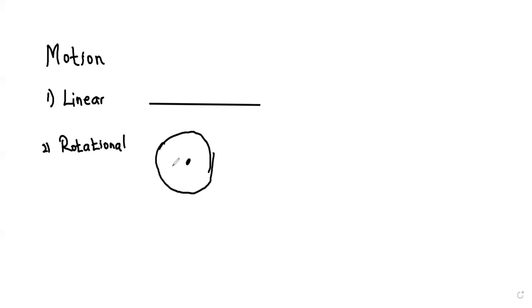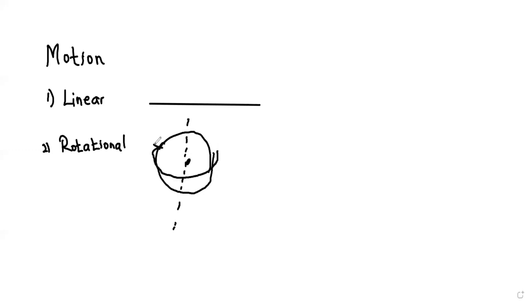Just like Earth. We know that Earth is rotating about its own axis. Consider a sphere. It's going to turn around its own axis. Let's say this is an axis, so the Earth is going to rotate like this.